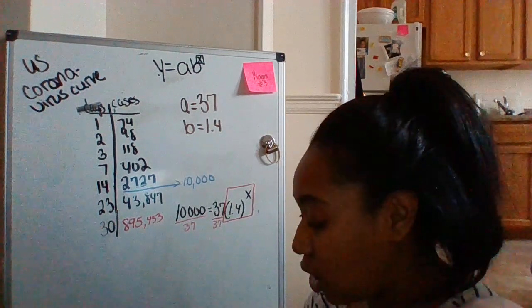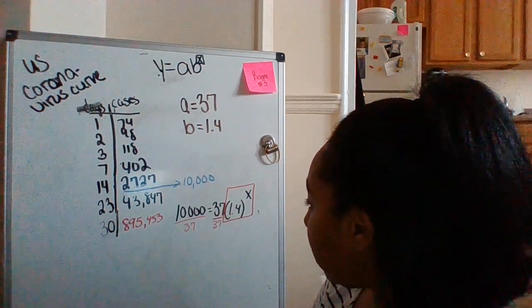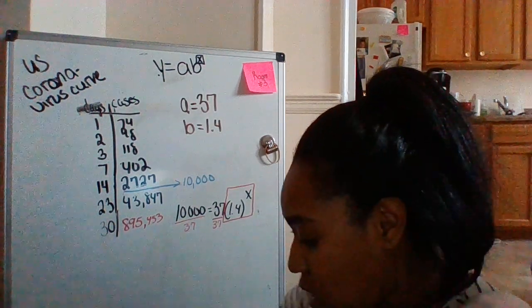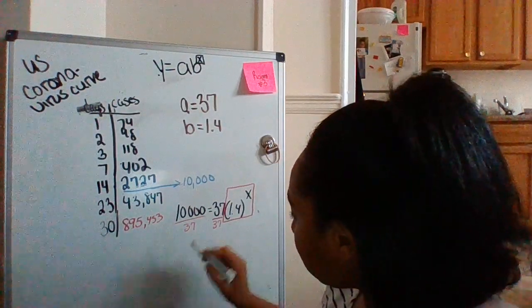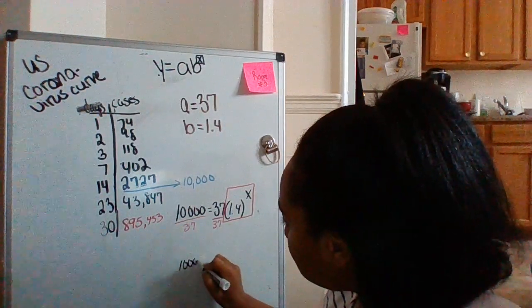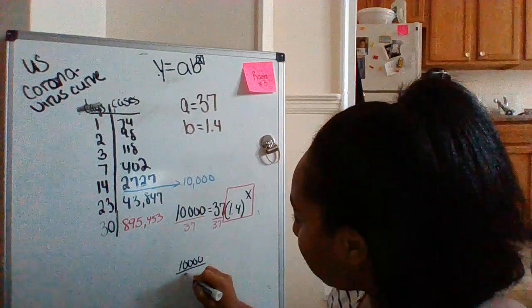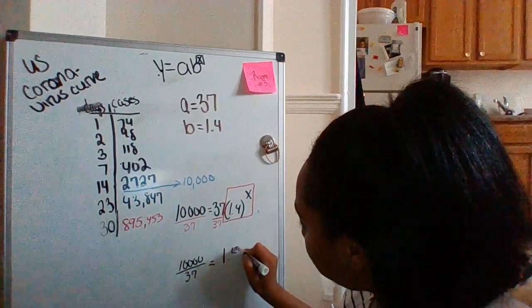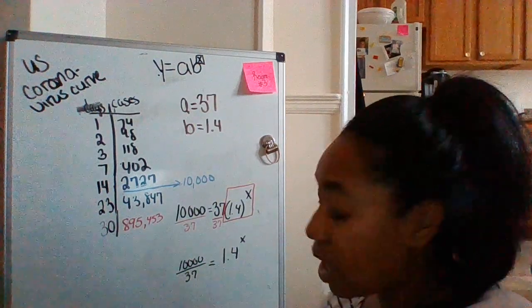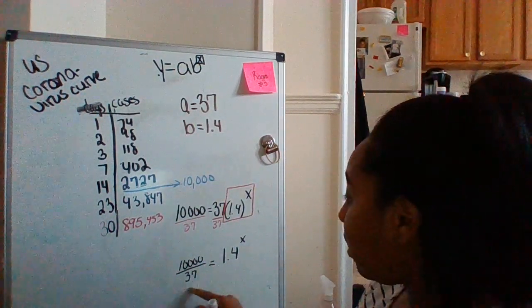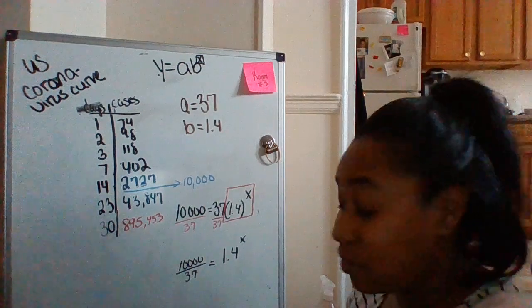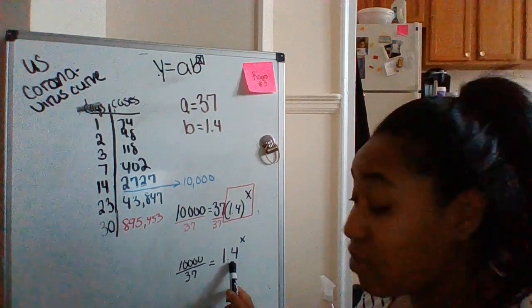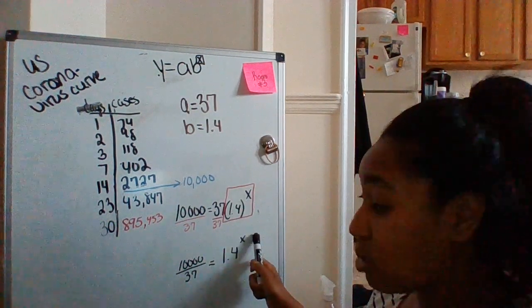So now I'm looking at 10,000 divided by 37 is equal to 1.4 to the X value. Now I have the equation in the form that I need. I've got an output value, I've got my B value, I've got my exponent.